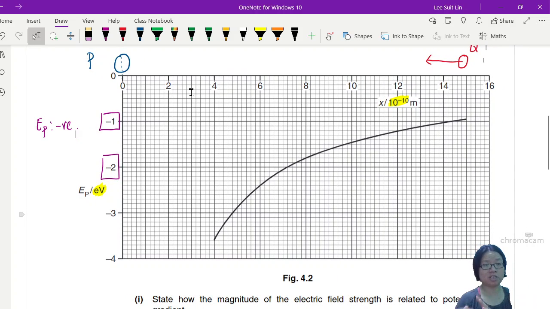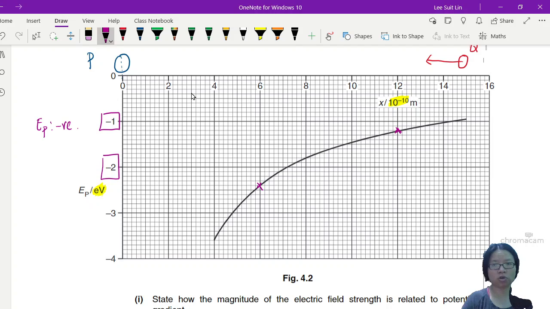Whenever the potential energy is negative, it means that, let's say, for example, you travel from a point like 12 to 6, you can see that your potential energy is actually decreasing, right? You're going from a smaller negative number magnitude to a larger magnitude negative number. So your EP is decreasing. That means at infinity your EP is 0.